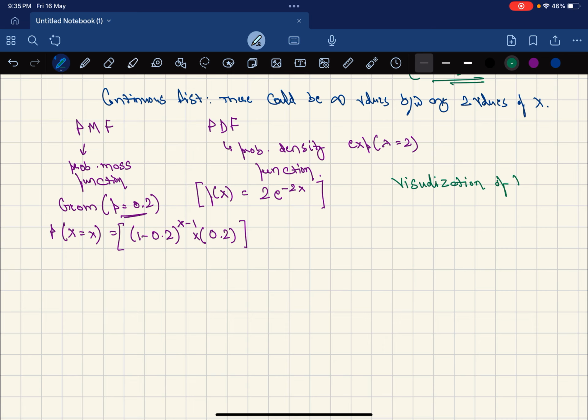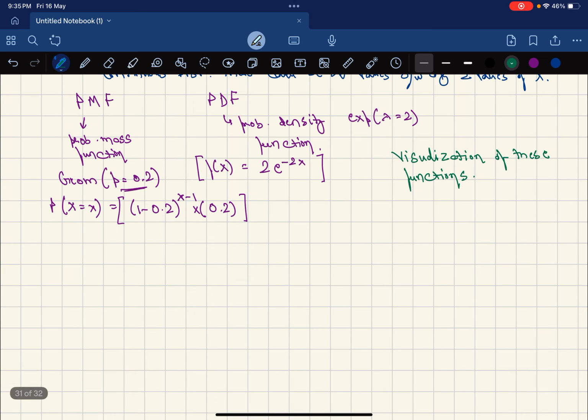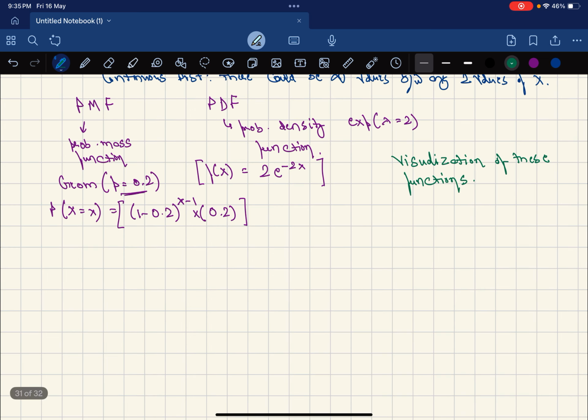of these functions. So now that we know that probability mass function is defined for discrete variables, and probability density function is defined for a continuous random variable, we'll try to plot each one of them on a graph. For the continuous one, I have already done it just now for the exponential, and we saw it looked something like this.